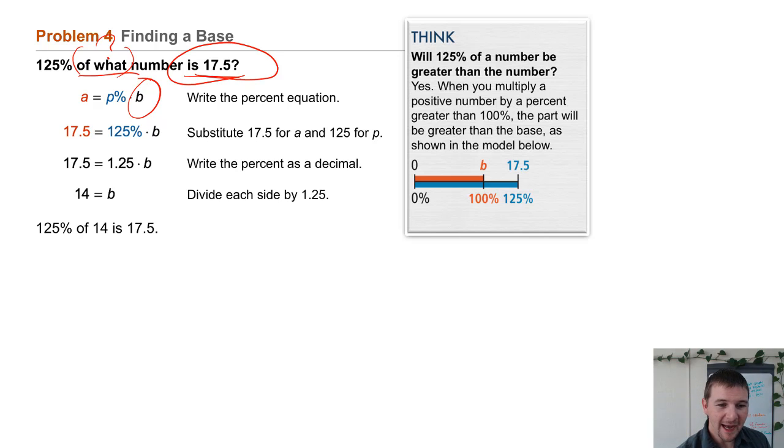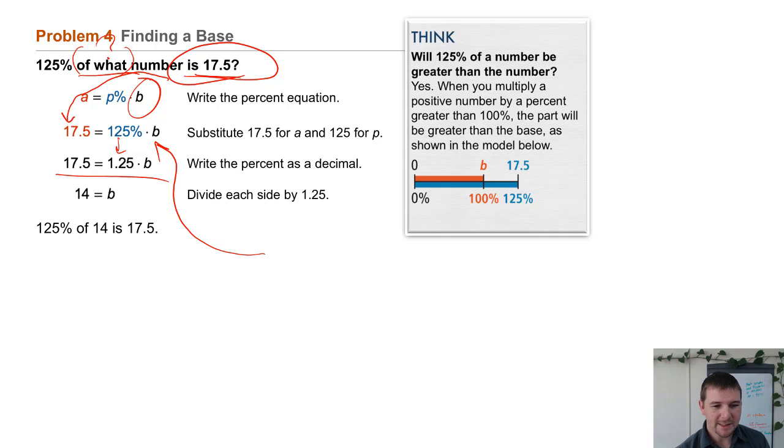Now our 17.5 works out to be the part of the base, so it goes in place of A. So having substituted those two values, like so often in algebra, we now have an equation that has just one variable left, and our job is to solve for that one variable. So we perform the one step, we really first convert 125% to decimal form, 1.25.